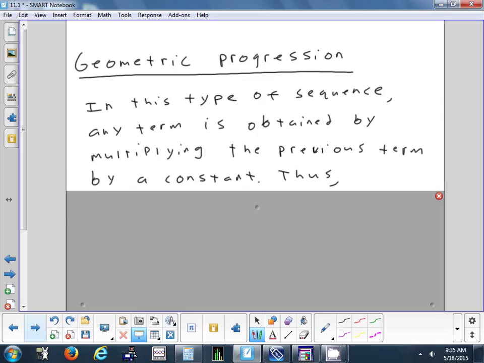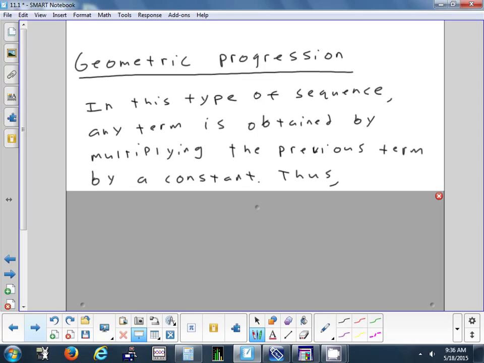If your constant you're multiplying by is less than 1, it's going to get smaller each time. And the constant you multiply by can't be 1, because if you multiply each term by 1, it will never change. So really, in a geometric progression, you only have 2 choices of what number you're going to approach.